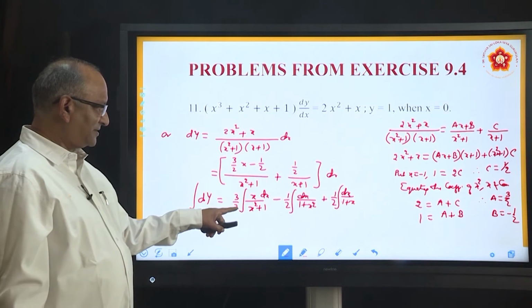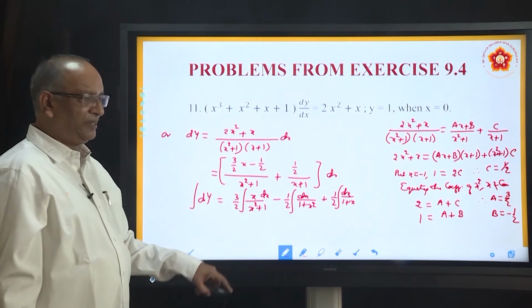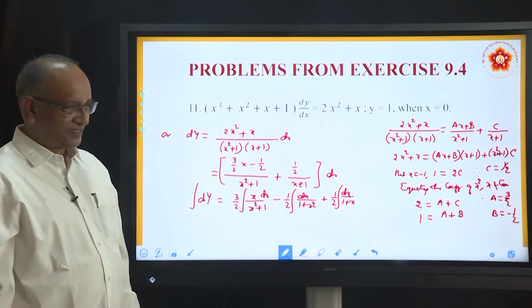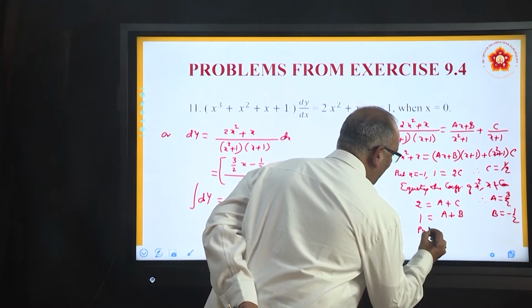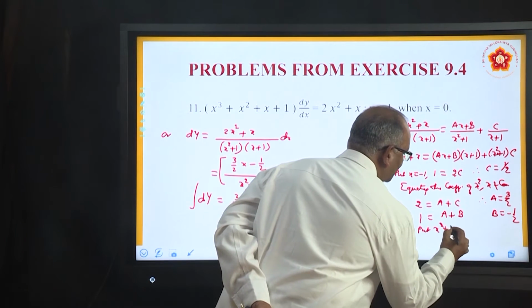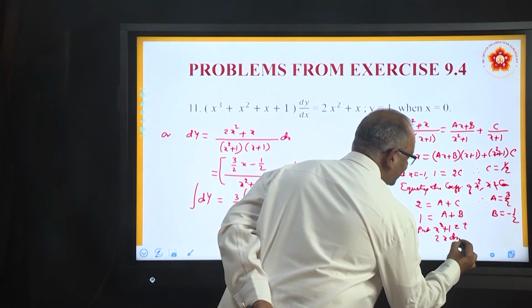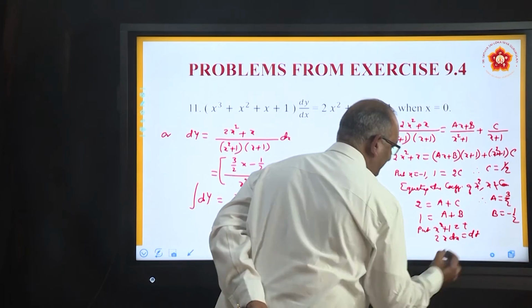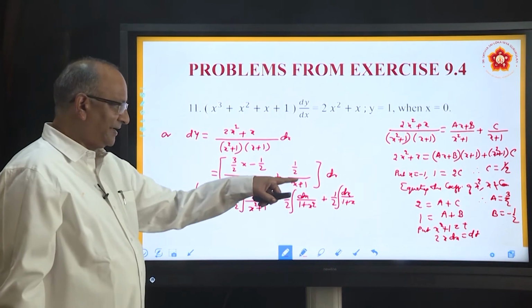The only thing is this first term. So, for this we will take the denominator x square plus 1 as t. Put x square plus 1 equal to t, you get 2x dx equal to dt. We already have x dx, so it is basically dt by 2.